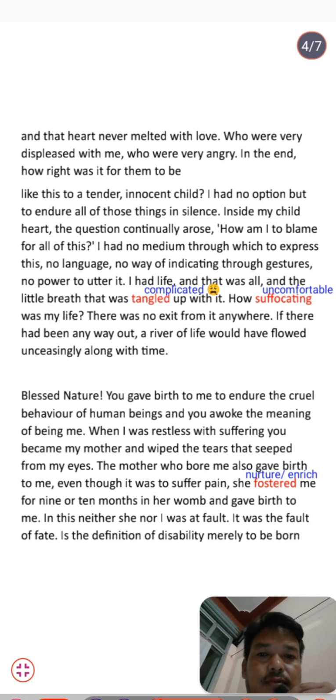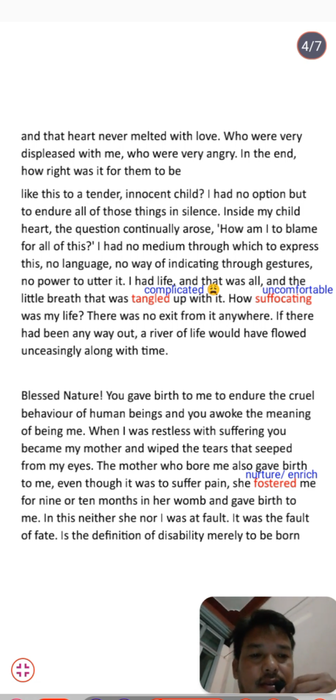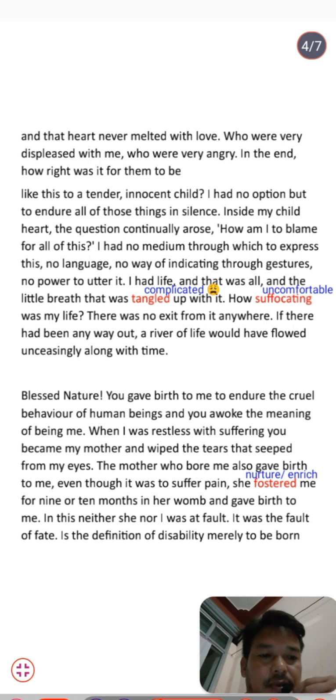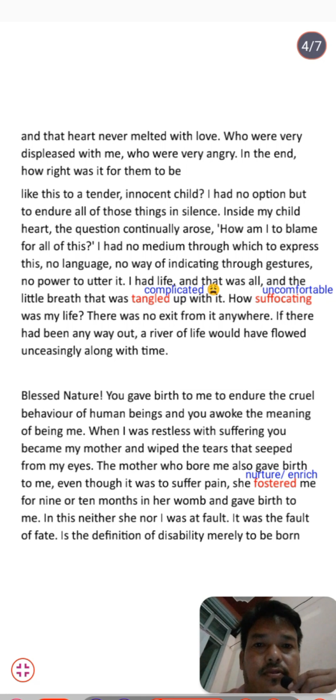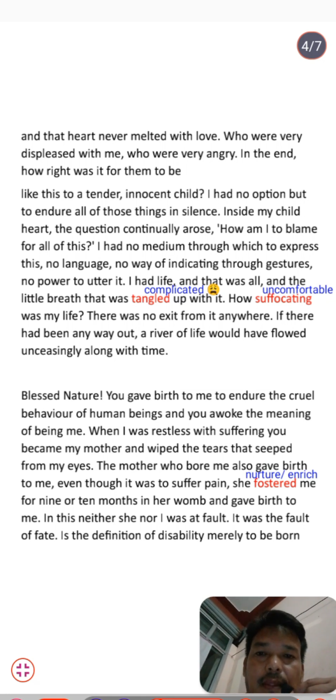How right was it for them to be like this to a tender, innocent child? In the last line, students, she expresses that they were extremely disappointed, not happy, and exceptionally irate. Eventually, how right was it for them to be like this to a tender, innocent child?